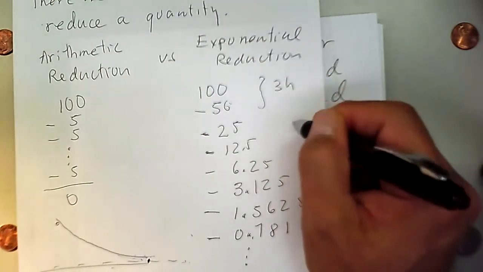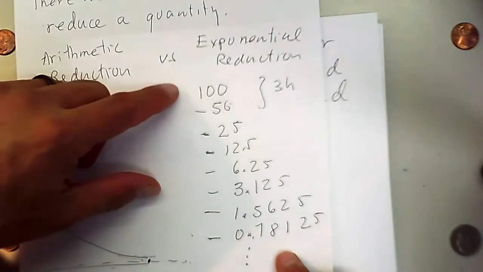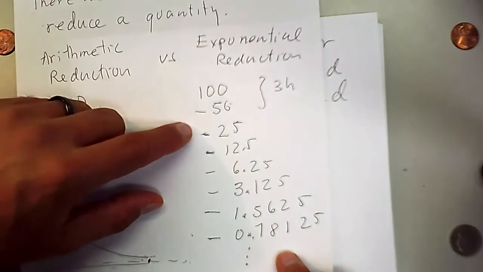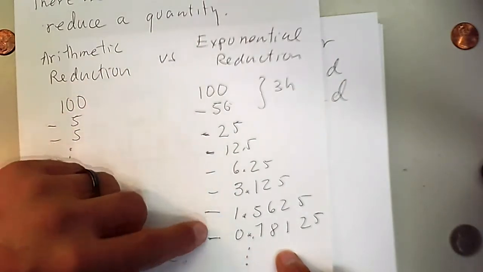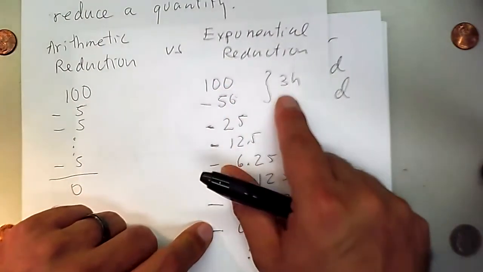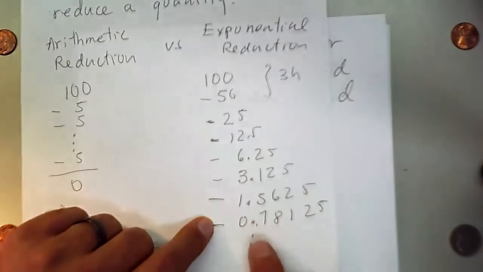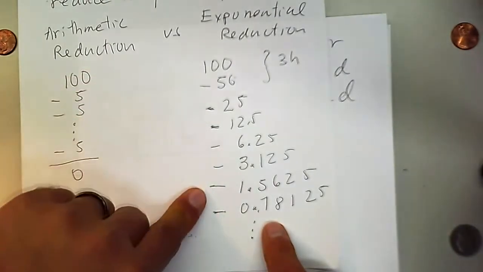Well, after 21 hours, you can do this 7 times, because 21 hours would be 1, 2, 3, 4, 5, 6, 7. Okay, so if we start with 100 milligrams of a substance and the half-life is 3 hours, there's going to be this much substance left after 21 hours. You can just make a table and do that.